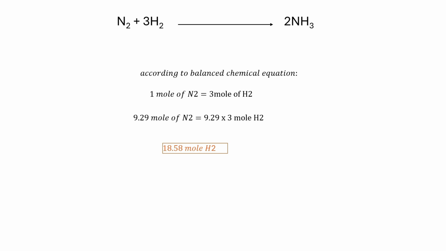So the amount of hydrogen that we had at the start of the reaction was 100 moles. Let's subtract it from the 100 and we are left with 81.42 moles of hydrogen. This means this is the amount of the hydrogen that would not be used in the reaction and would remain after the reaction is over.